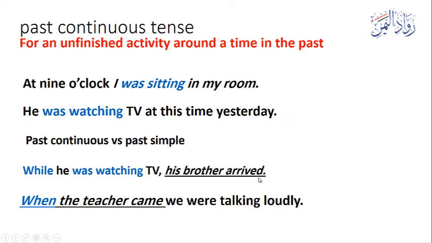His brother arrived. When the teacher came, we were talking loudly. So, we were talking for some time in the past, and this action lasted for some time. Then the teacher came and interrupted our talking. We use while before past continuous, when before past simple.